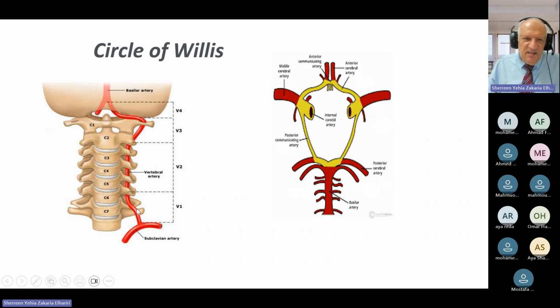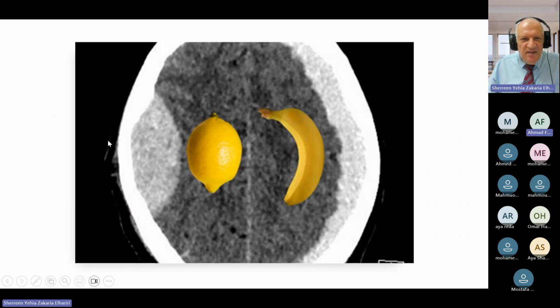Vertebral artery relation to the vertebrae and foramen magnum is a very important topic in the exam. You can see the skull X-ray. Of course, this is not one patient. What is in the lemon site? Extradural. The artery causing it is the middle meningeal artery. It arises from the maxillary artery. Maxillary artery arises from the external carotid.